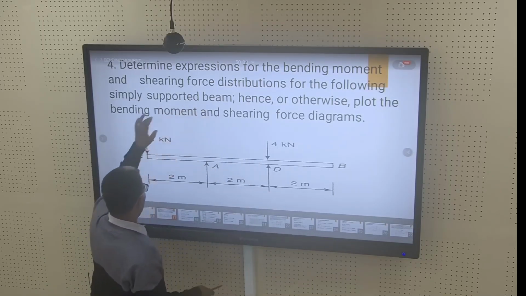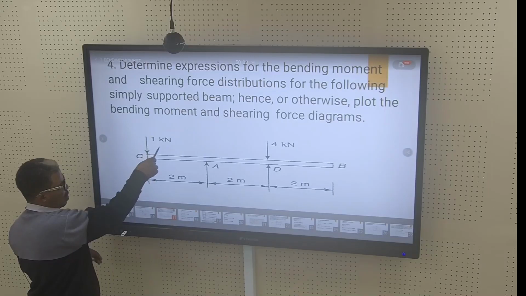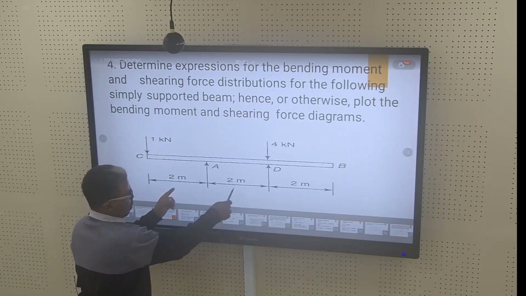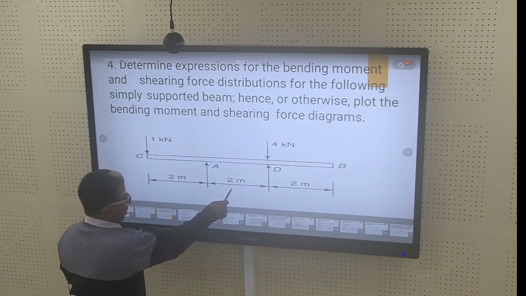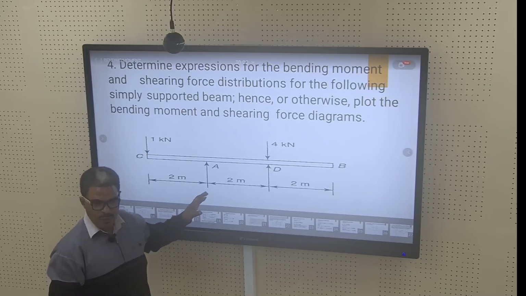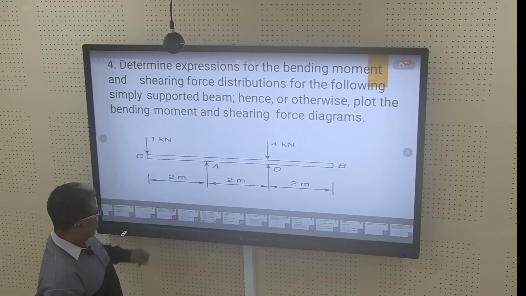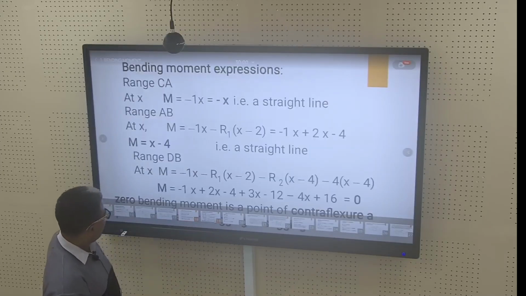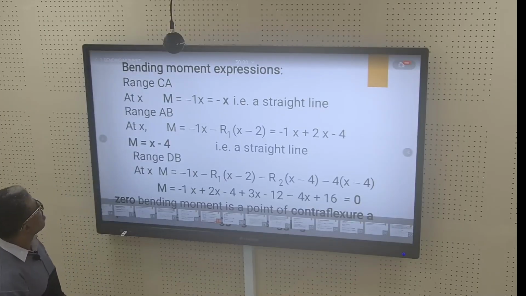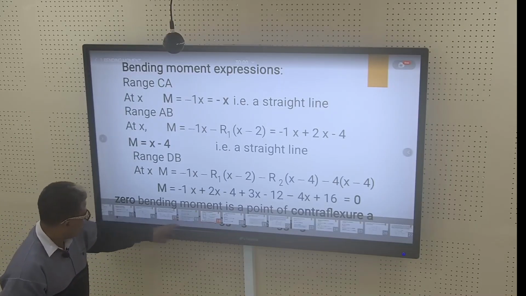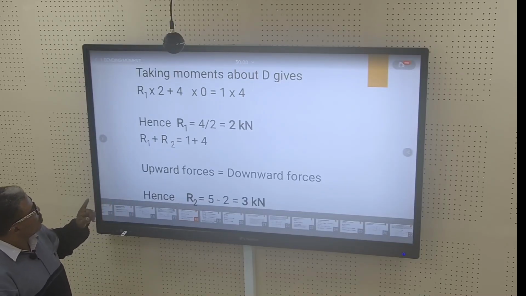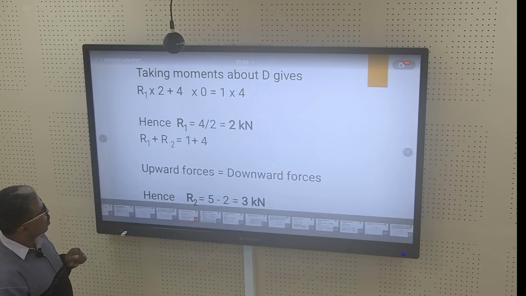So if it's pushing downwards, this force, which is 1 kilonewton, is going anti-clockwise, so the distance is 4, because we have to add up 2 meters plus 2, which becomes 4. So 4 times 1 kilonewton, hence R1 is equal to 2 kilonewton.